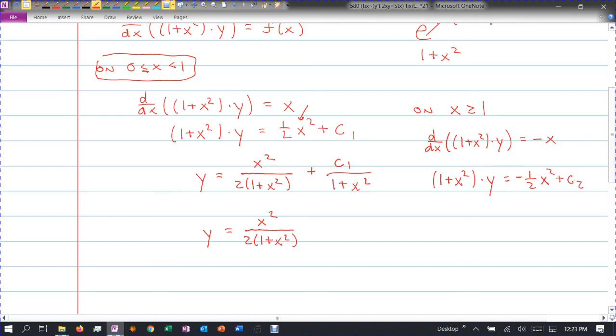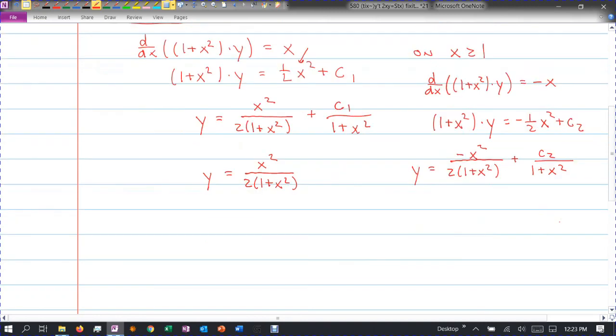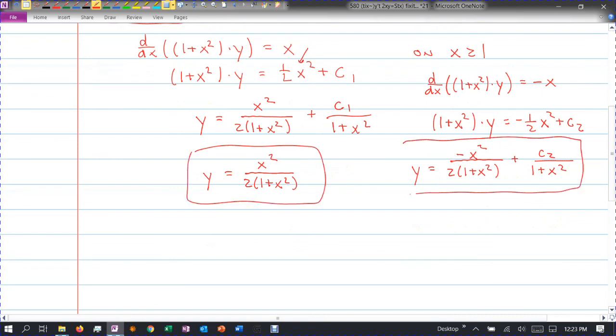We can divide through again, and we get y equals −x² over 2(1 + x²) plus c₂ over 1 + x². So far we have this piece and this piece: this is what it is on one interval, and this is what it is on the other.